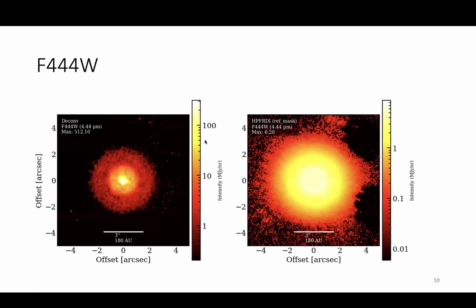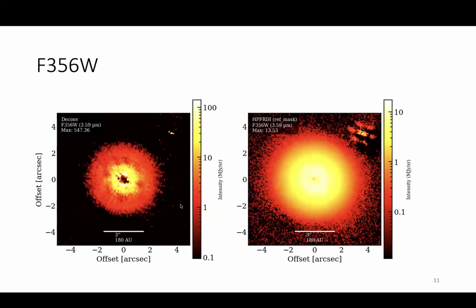On the right side is the high pass RDI image, and on the left side is the one that went through the deconvolution process. So this is F444W. We can see a green here, and if you look closely, you can see a bifurcation structure here, and also at the different wavelength.